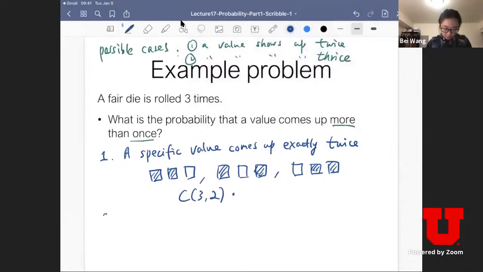And then the question is, what is the total number of possibilities? The total number of possibilities is this times 5. Why is this times 5?